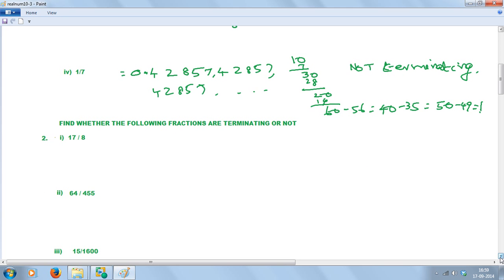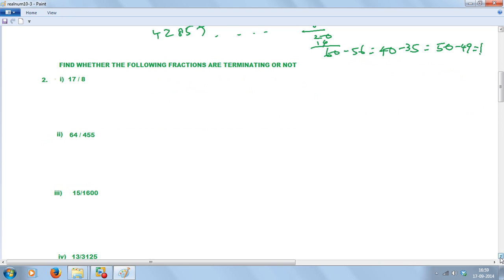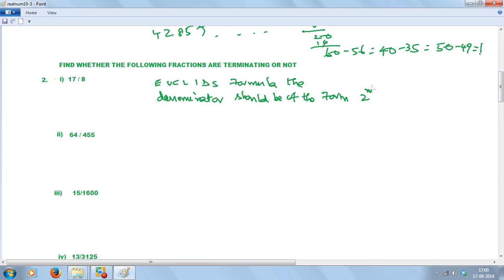So the next problem, we have to find out whether the fractions are terminating or not. As per Euclid's formula, the denominator should be of the form 2 to the power m, 5 to the power n.